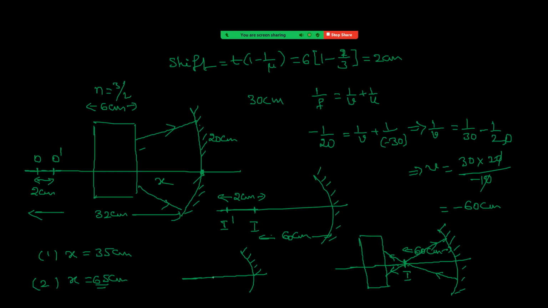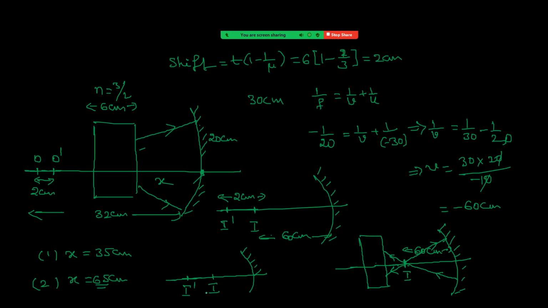This is the mirror. This is image I. Now what happened is rays are traveling towards the right side, a diverging beam. Finally, rays will again diverge after two refractions and the image forms here. This is I dash.